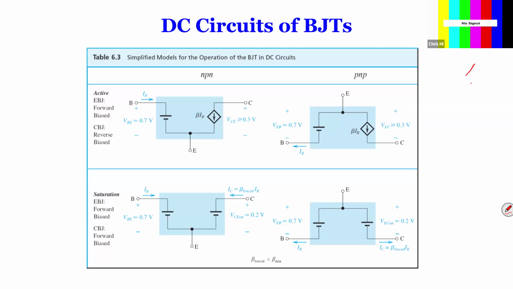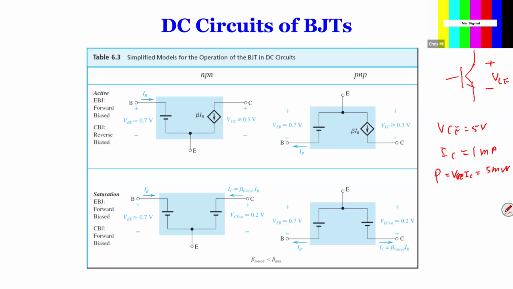Take this BJT or MOSFET, for the same reason: you have VCE at a certain voltage. Let's say your VCE is 5 volts, like in the previous example, and you have IC equal to 1 milliamp. Then power equals V times I, so VCE times IC gives you 5 milliwatts.